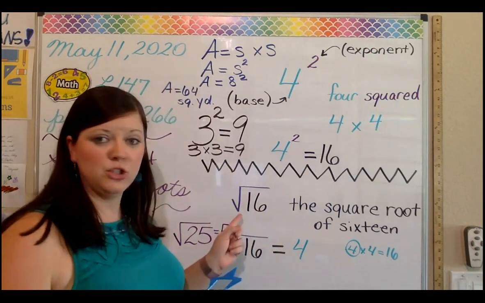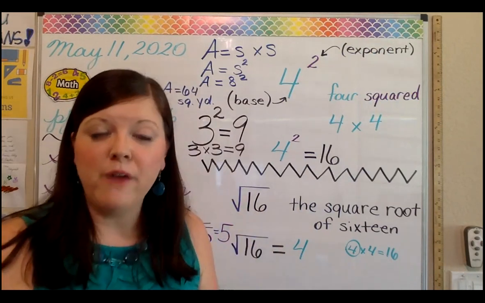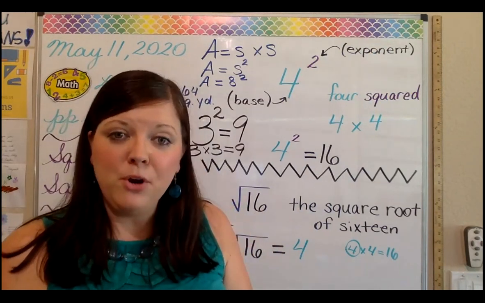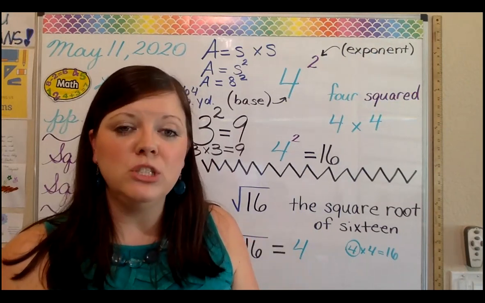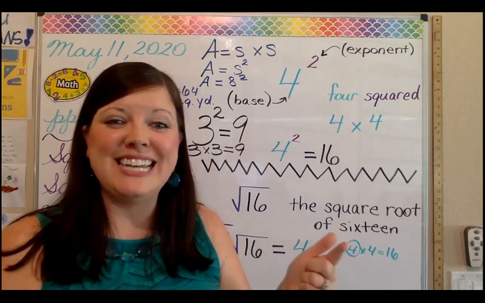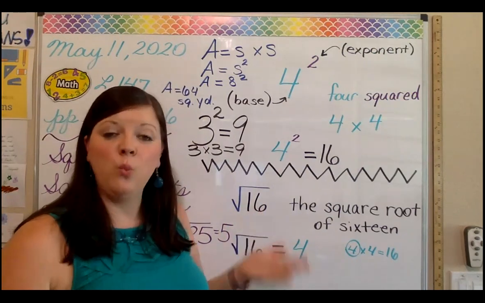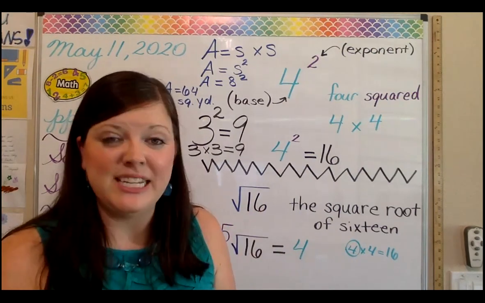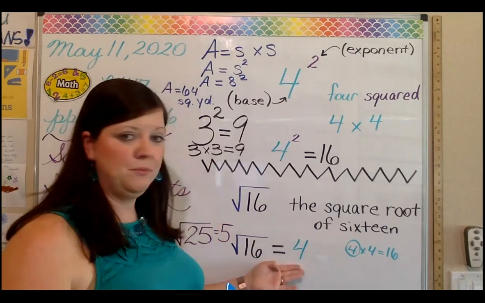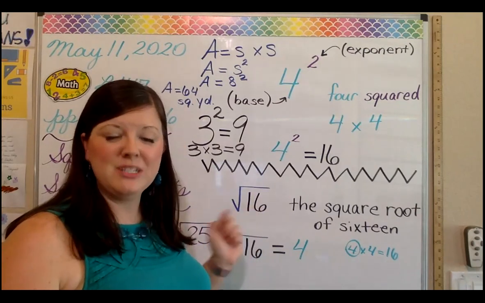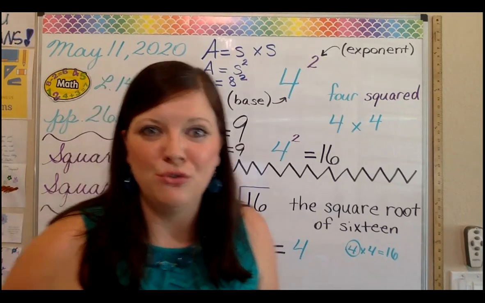Finding the square root of a number. The square root of a number is the number that it would take to multiply by itself to get the number that's inside the square root symbol. So what would you have to multiply by itself to equal 16? 4. Therefore, the square root of 16 is equal to 4.